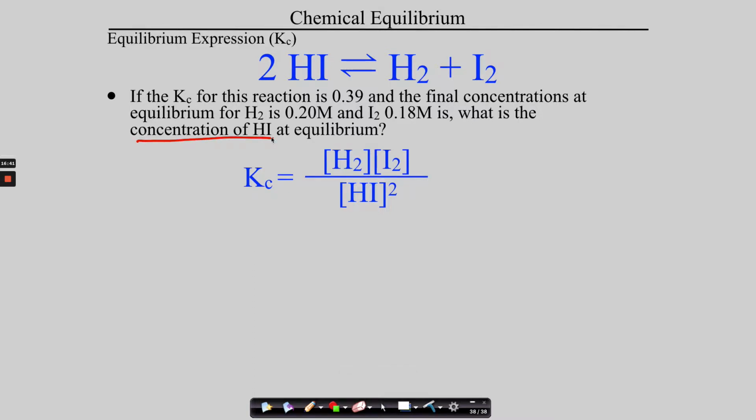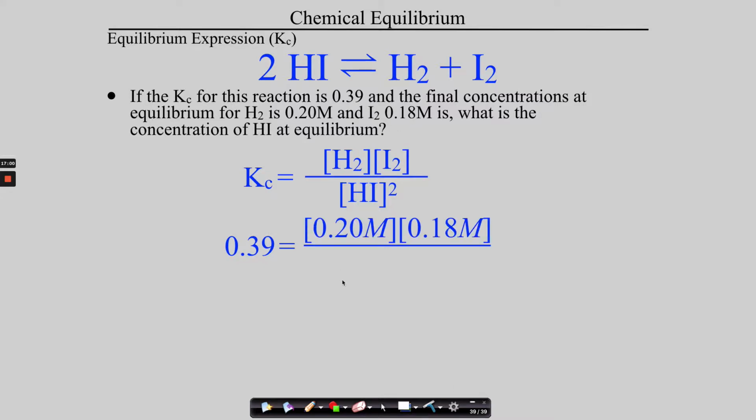So I'm going to take the numbers that I know and plug them into this equation so that we can solve for HI. All right, I know that Kc is 0.39, so I'm going to plug it in right there. I also have the concentrations for H2 and I2, so I'm going to plug them in on top.